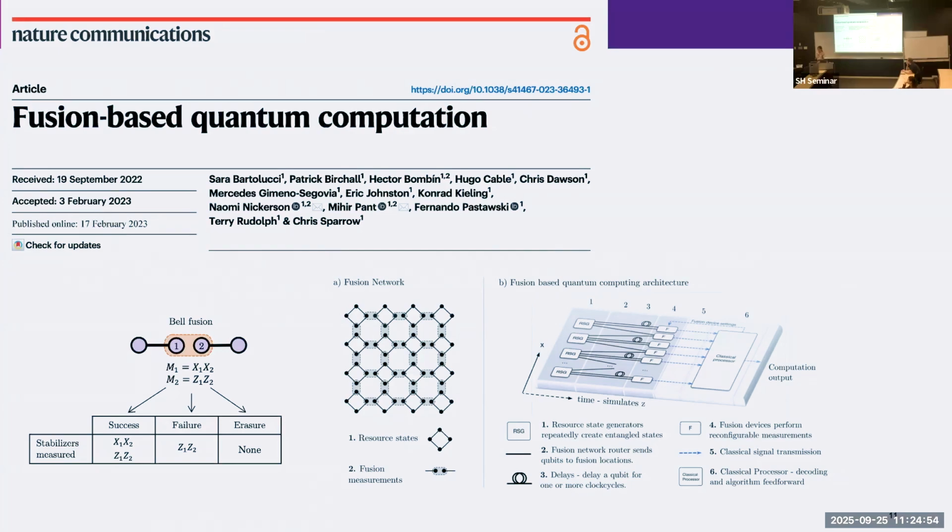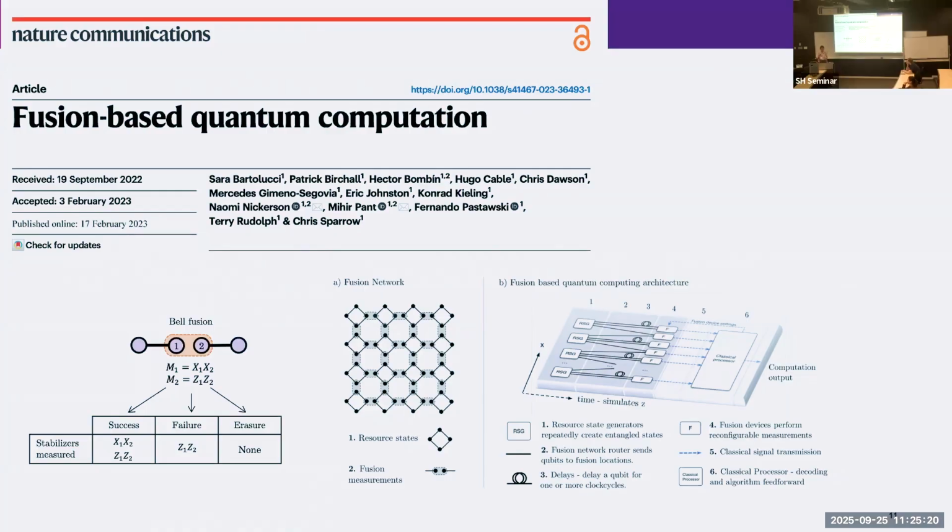For photons, it's kind of hard actually to say what is the gate time, because as Bill said, it's performing the computation at light speed. But it has a lot to do with the rate that you are generating your resource states. So how quickly are you making your indistinguishable photons?